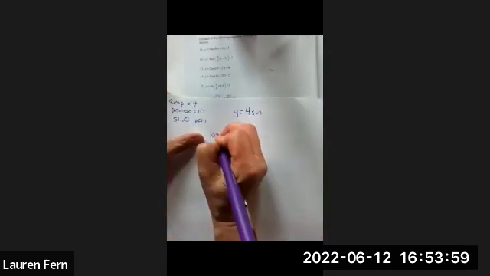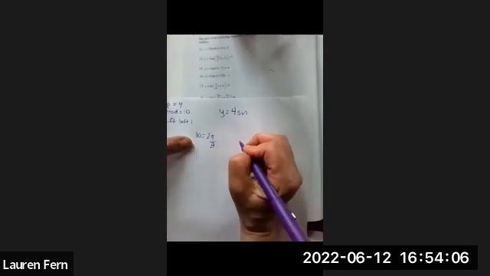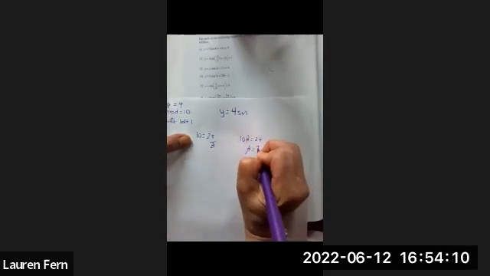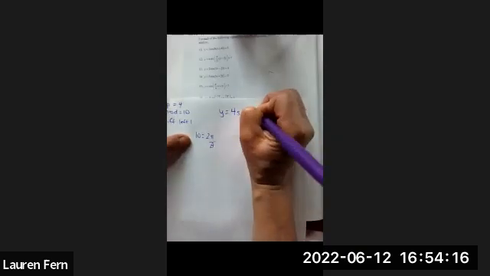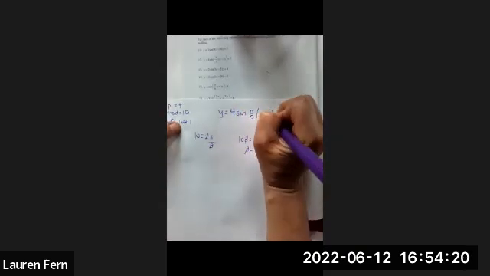My period is 10, which is 2 pi over beta. So 10 beta is 2 pi, or beta is pi over 5. And then if I'm shifting left 1, I'm going to write it as factored out. Excuse me, shifted left 1. I'm going to add 1 in there.